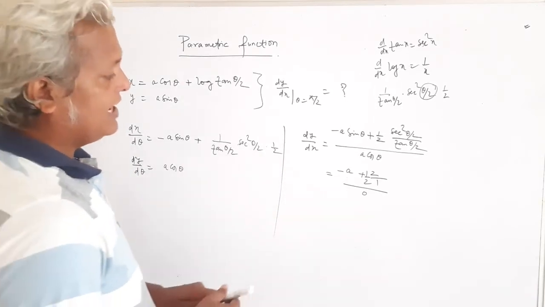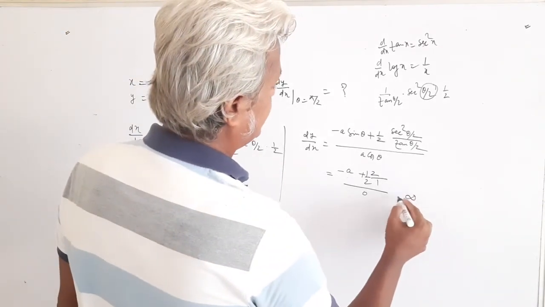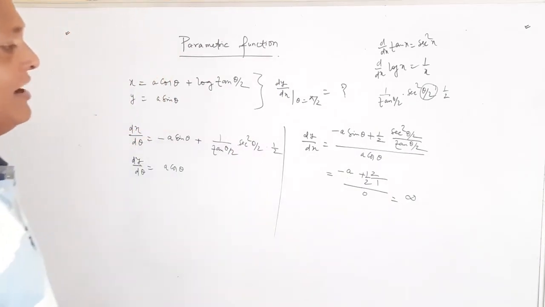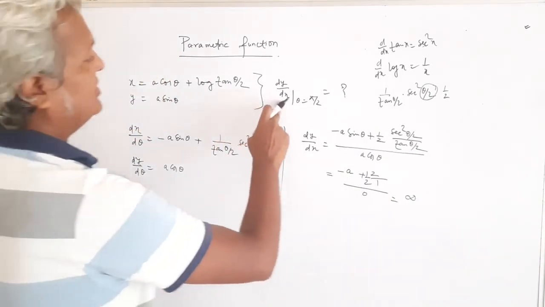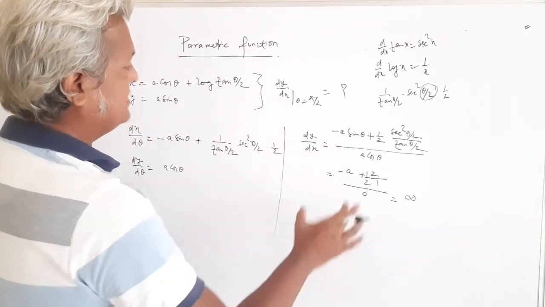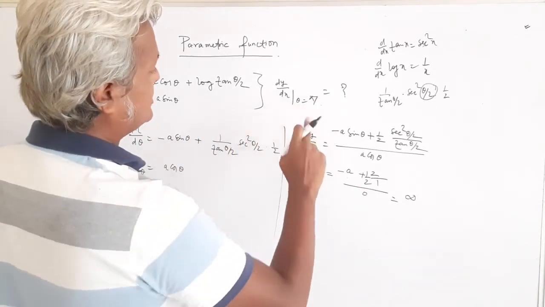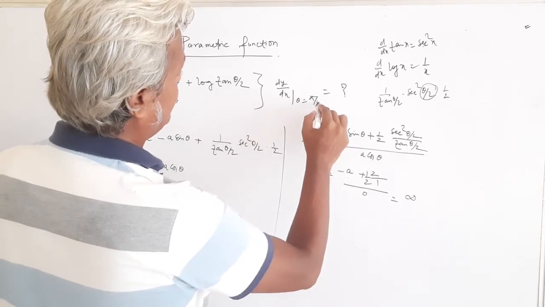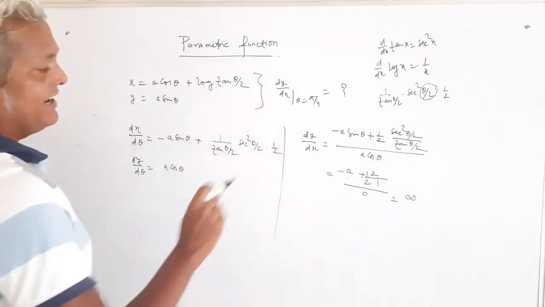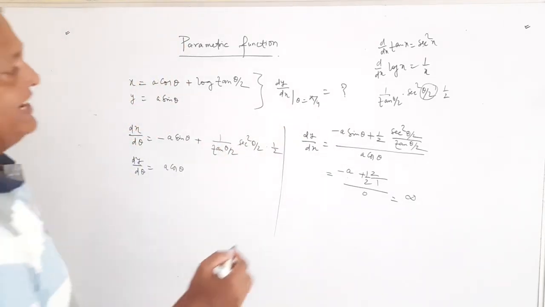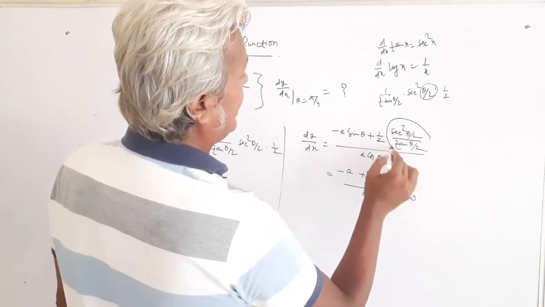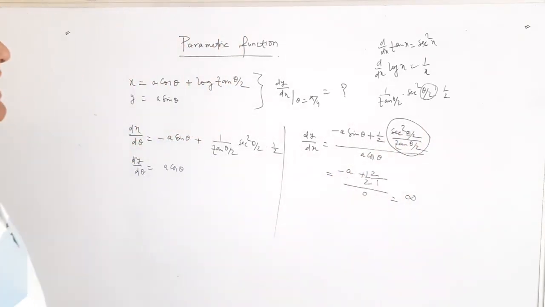It means the answer is undefined, denominator is 0. But nobody can ask you to find differentiation of something which is undefined, meaning differentiation does not exist. It means this was wrong. It has to be π/4 only. So we need to find another mechanism of how to find the value of this one.